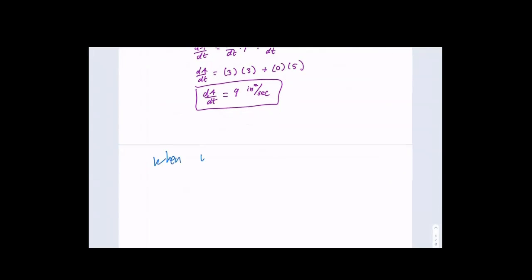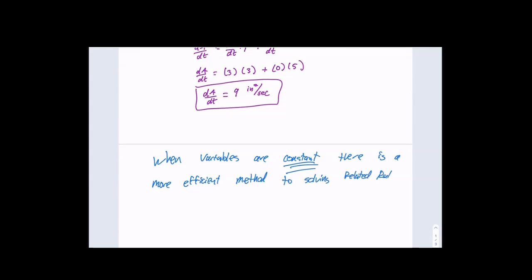Now, when variables are constant, there is a more efficient method to solving related rates problems.